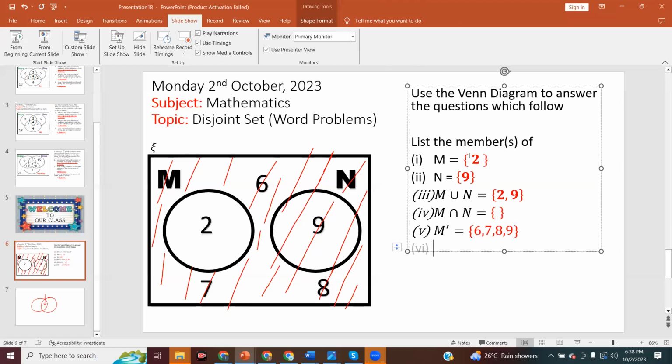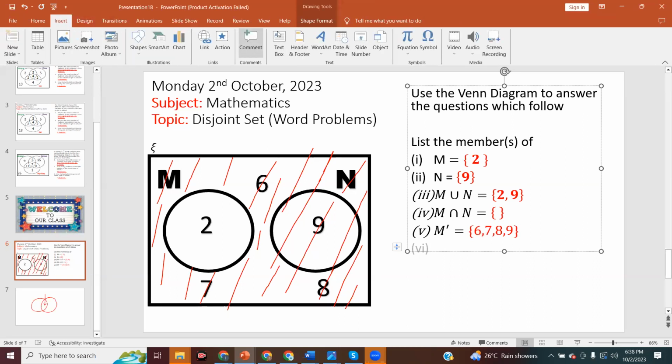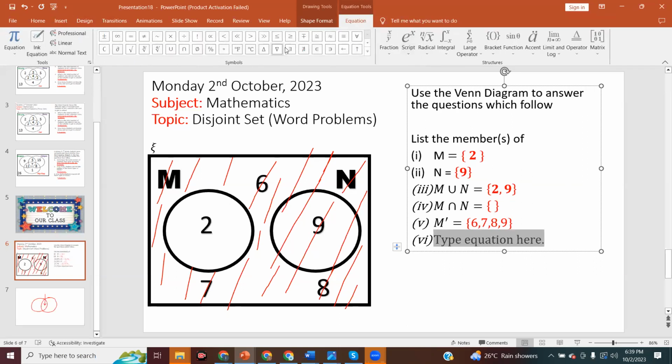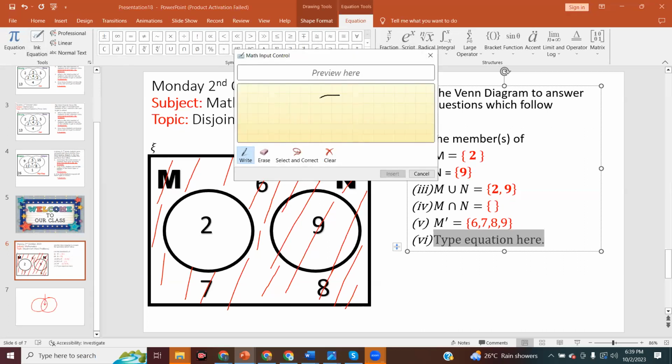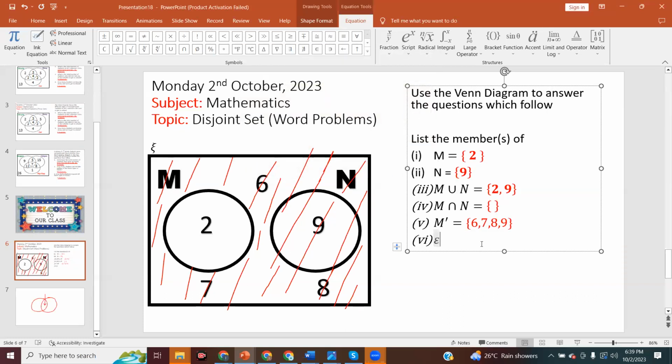Let's say we have this one, it's going to be interesting. Let's say we have this. What is that?